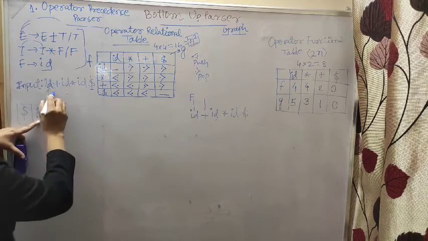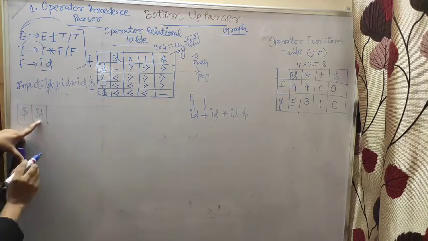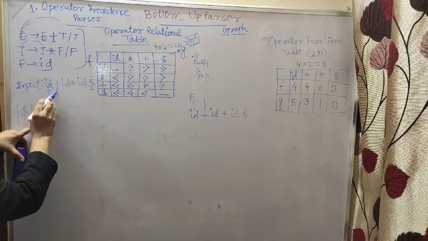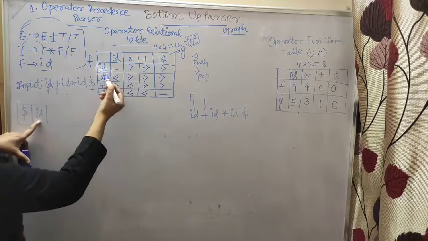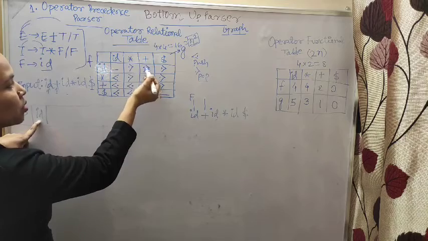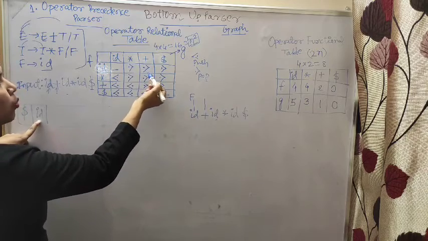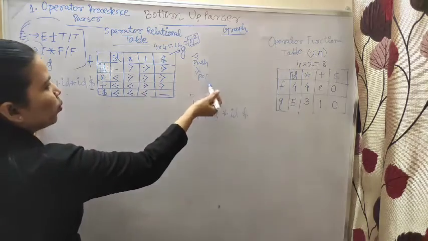When we push id, the stack has id and the input pointer is at plus. So id to plus is greater than, which means pop the data.